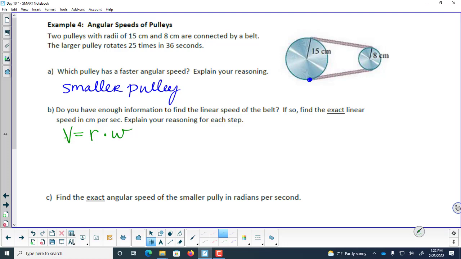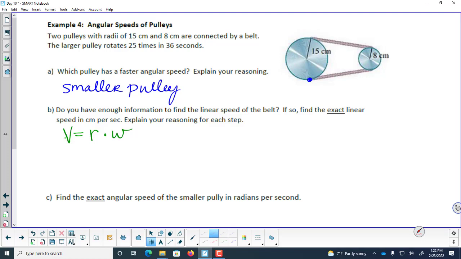Okay, so do we have that? Do we have the radius? Yep. And it doesn't matter which pulley I use? No, but I have to know the radius of that pulley and the angular speed of that pulley. So I could choose either one. I got the radius, but I need the angular speed. The only thing I even remotely know anything about is rotation.